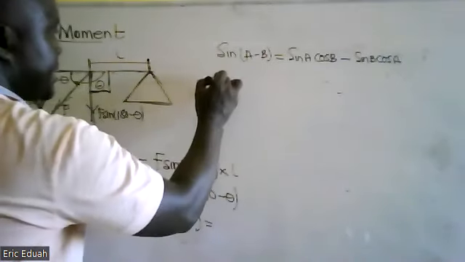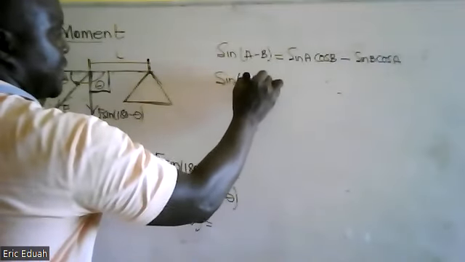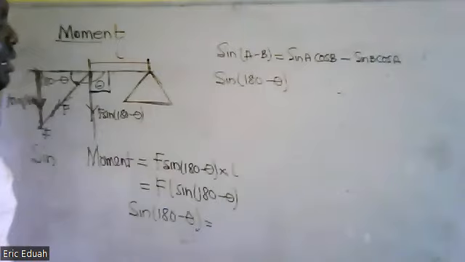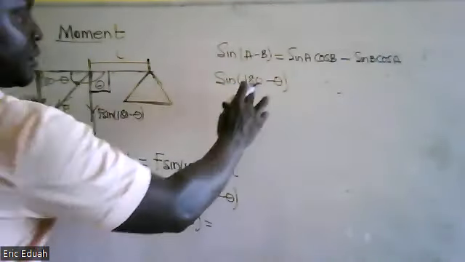Now let's apply sine 180 minus theta, meaning my A is 180, B is theta.